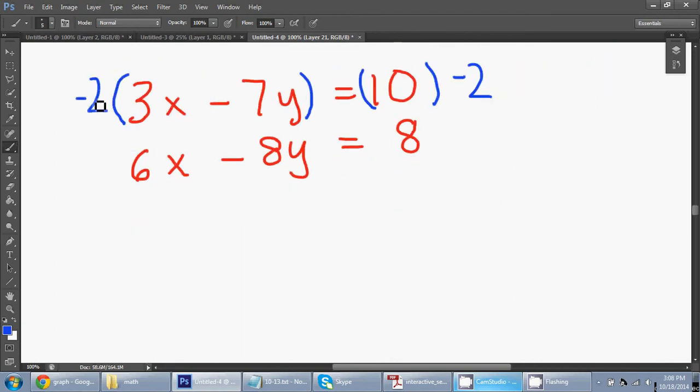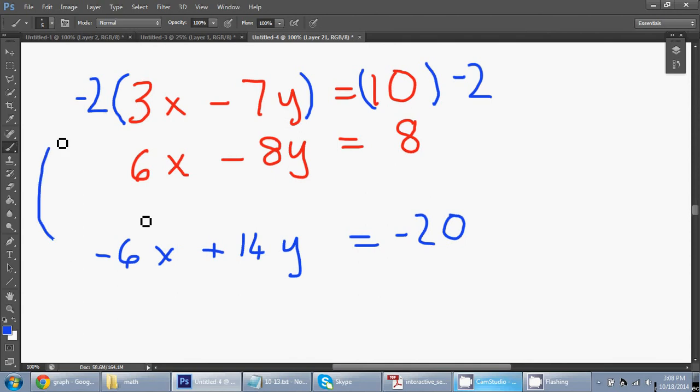So let's just do this. So if I get negative 6x plus 14y is equal to negative 20, this new equation, which is the same as the equation at the top multiplied by negative 2, is actually still the same exact equation. I just multiplied both sides by the same number.